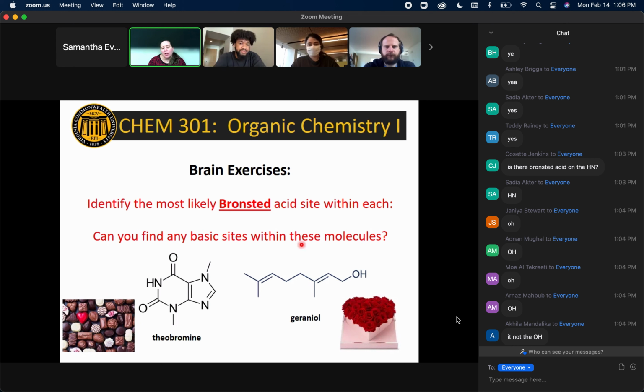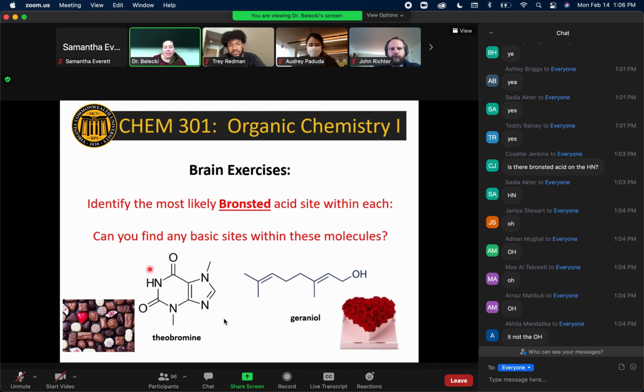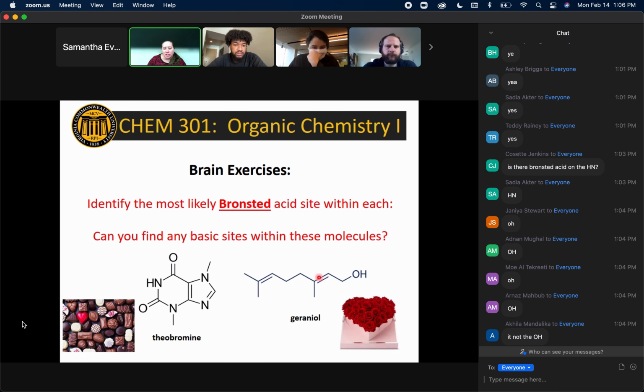Or it can be a lone pair that can use its electron density to attack a Lewis acid, or to point towards a Lewis acid or an electrophile. Those sites are anywhere in this molecule that has a lone pair. So there's a site on every nitrogen, a couple of sites on each oxygen, and likewise in geraniol, the oxygen represents a basic portion of this molecule.